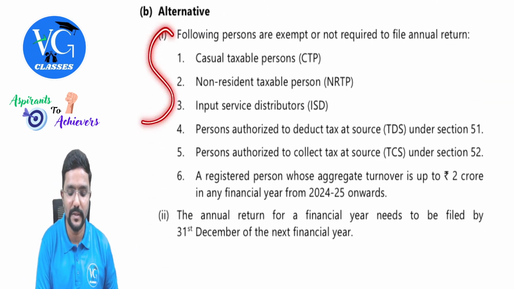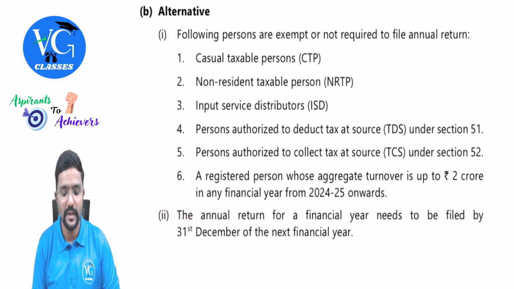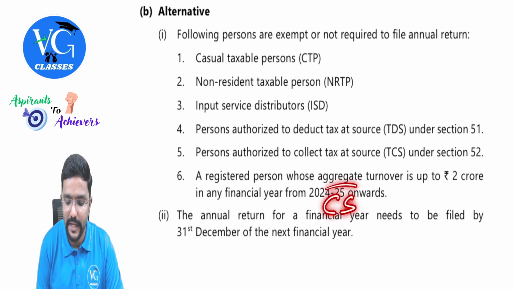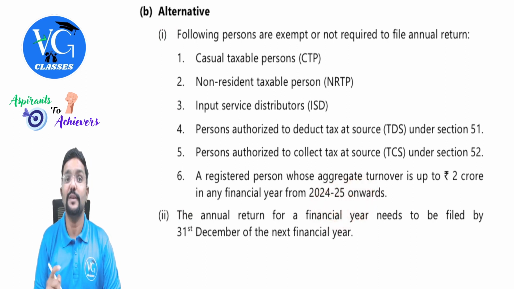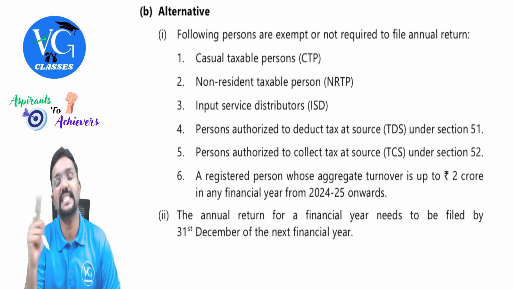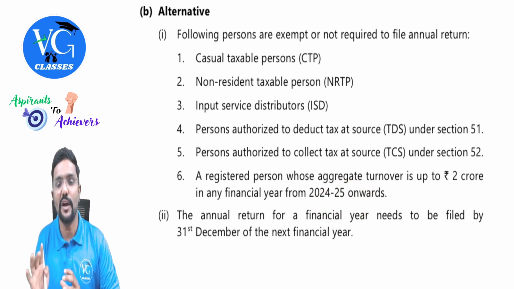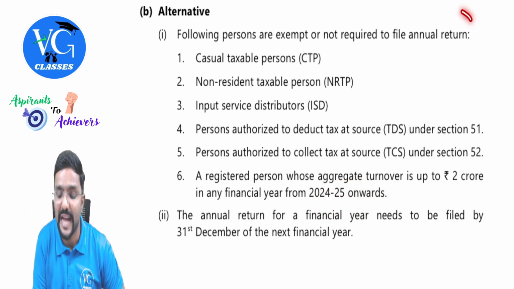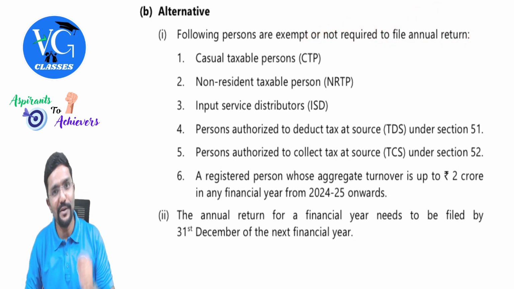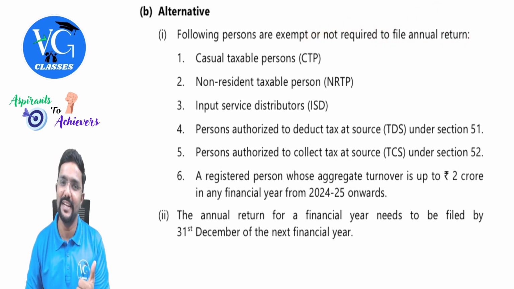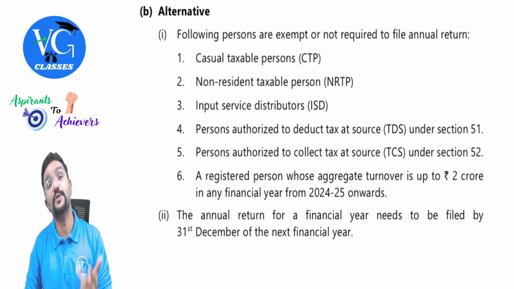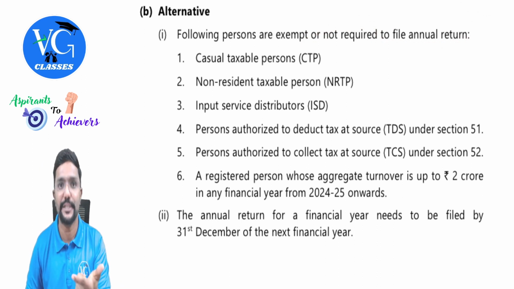So the following people are not supposed to file annual return. Sir, can we write composition supplier here? Please don't write it, because they will file annual return, but in GSTR 9A. The question was not only on GSTR 9, it was on annual return. So annual return, as I mentioned, includes 9 as well as 9A and also 9B, but 9B is a statement.